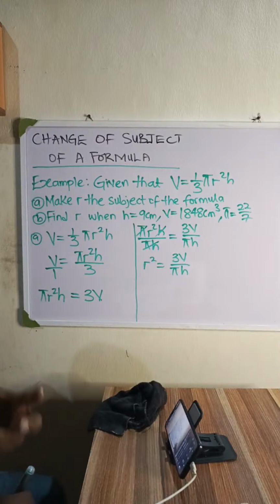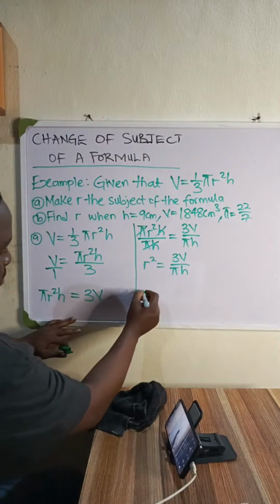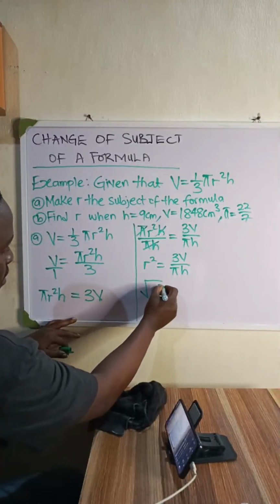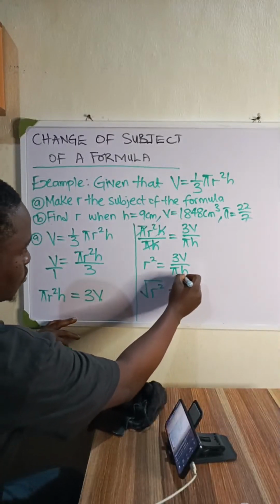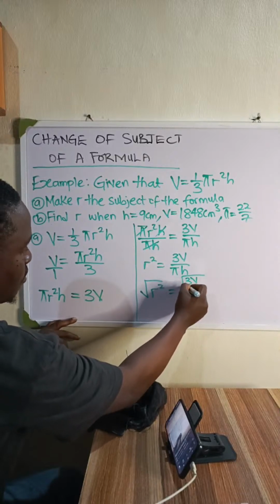To eliminate square, we introduce square root to both sides. So we're going to have square root of R square is equal to square root of 3V all over pi H.